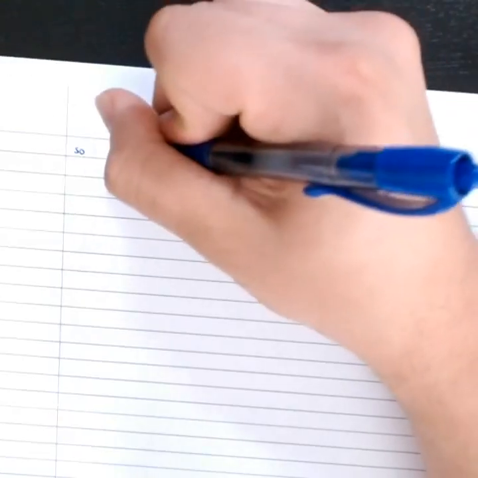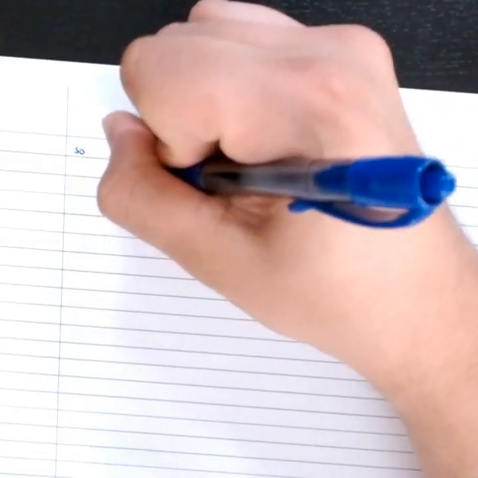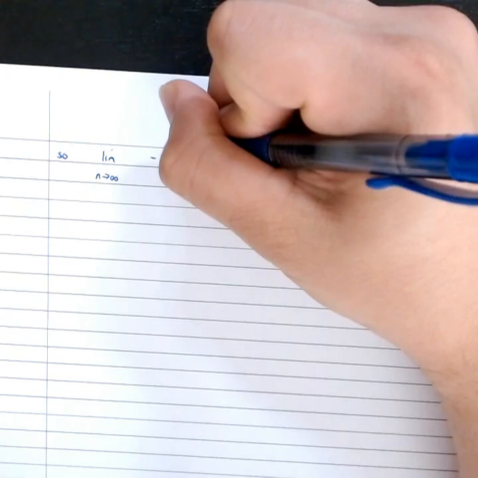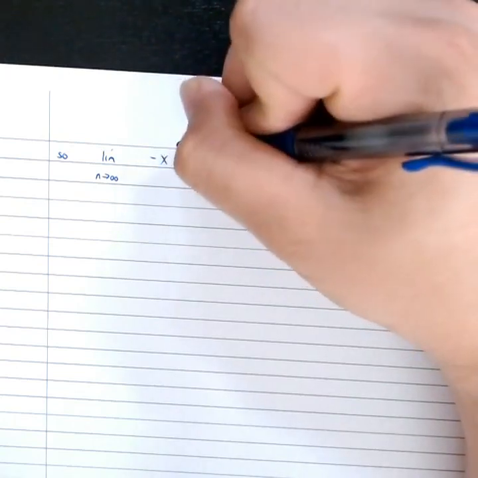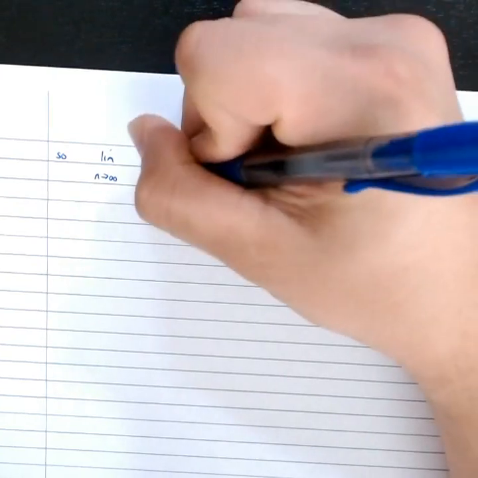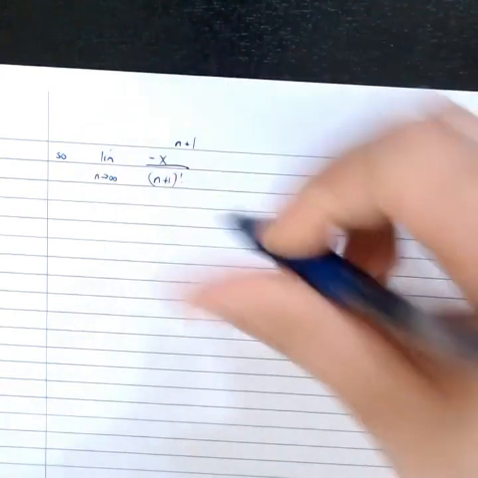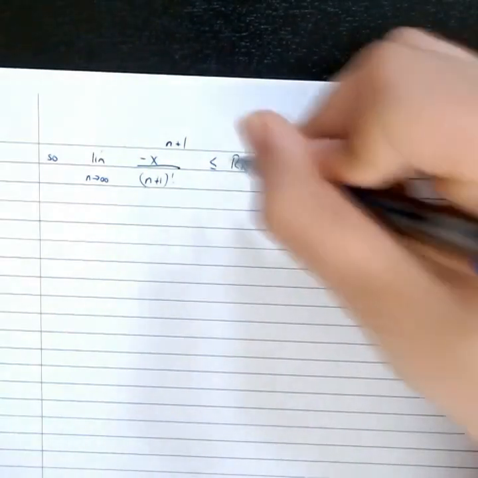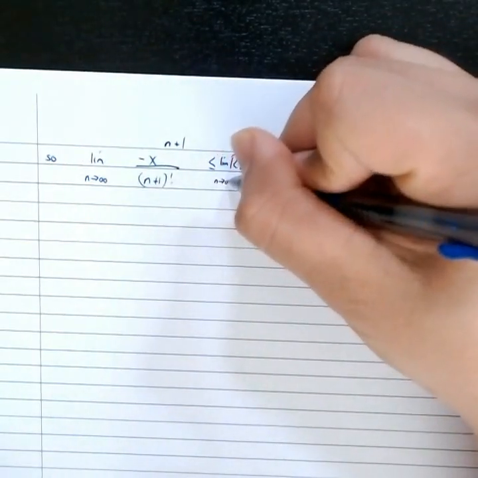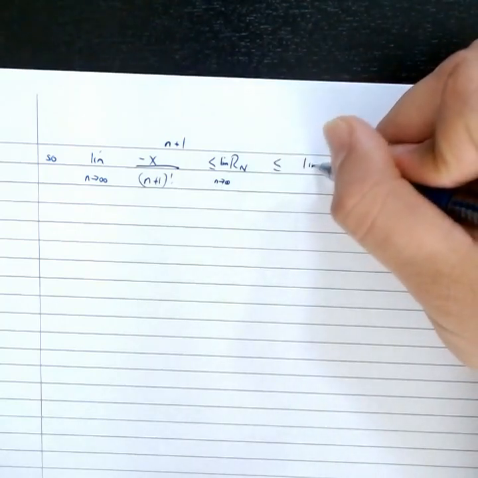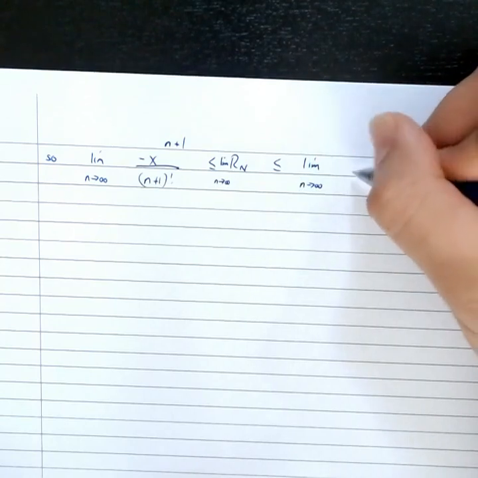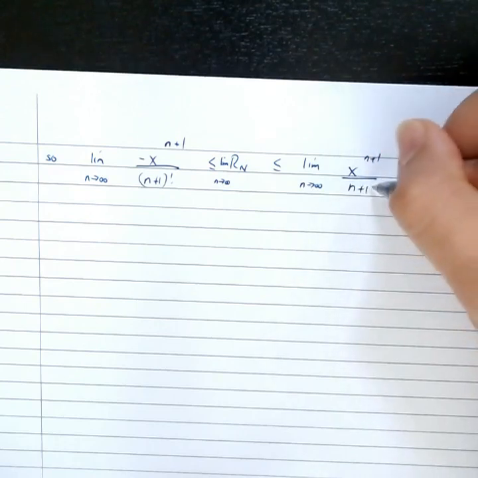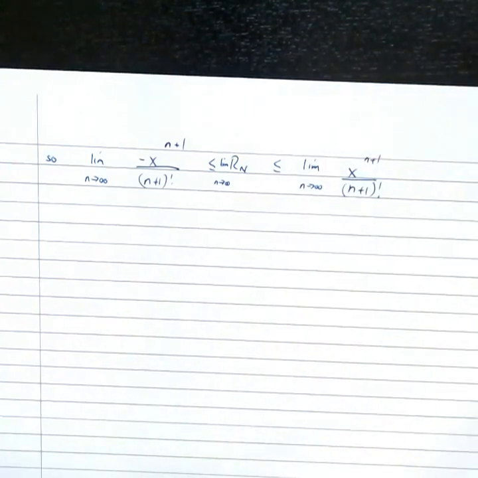Okay, so then let's take the limit of everything. Let's take the limit as n approaches infinity of minus x to the power n plus 1 over n plus 1 factorial, which is less than or equal to R sub n, which is less than or equal to the limit as n approaches infinity of positive x to the power n plus 1 over n plus 1 factorial, like that.